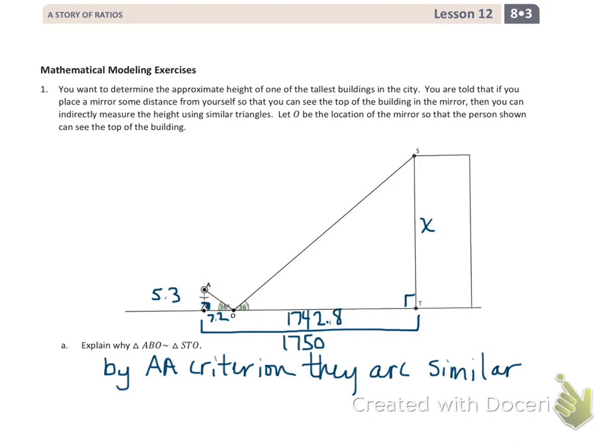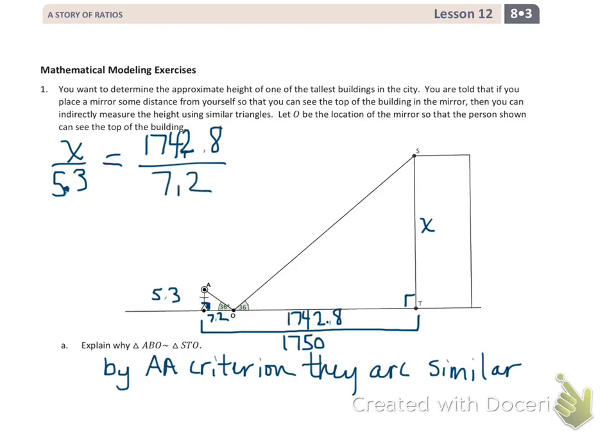Okay, so we can write the ratio. The ratio of the height of the building, or x, to the height of the person, 5.3, is the same as the ratio of the distance from the mirror to the building, which is 1,742.8, to 7.2, that part of the triangle.